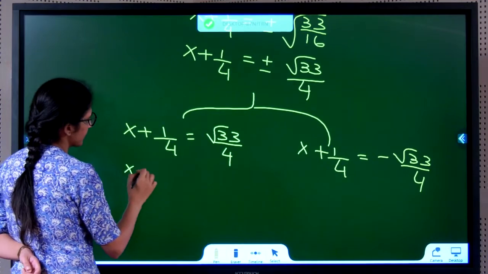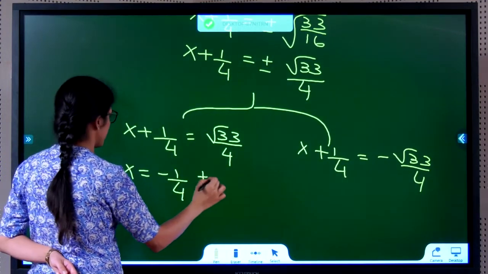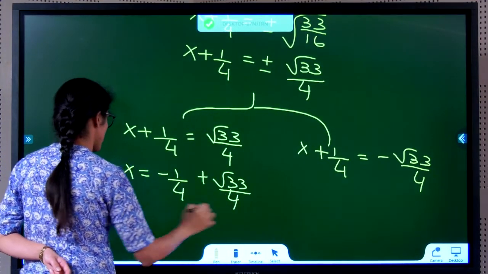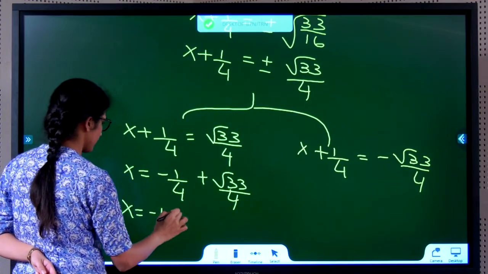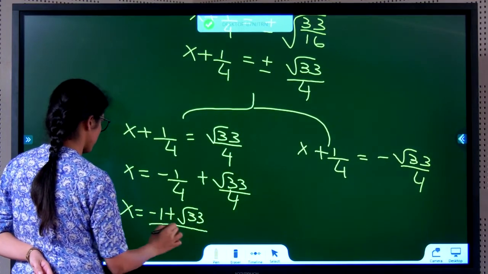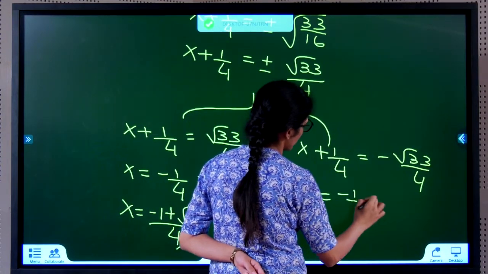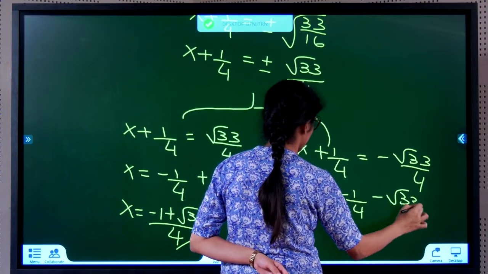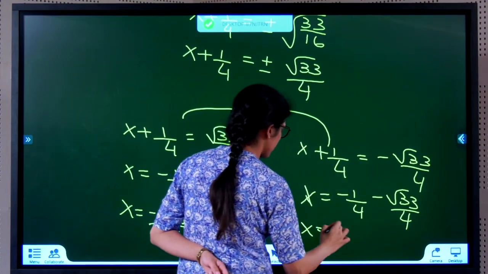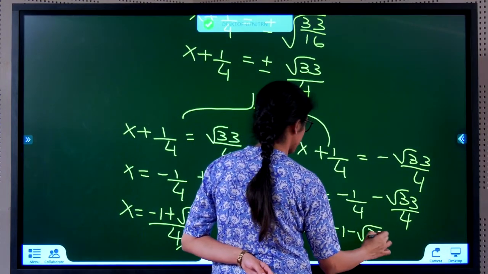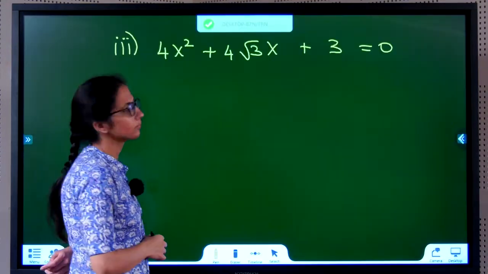Send this aside. X is equal to minus 1 by 4 plus root 33 by 4. X is equal to minus 1 plus root 33 by 4. Send this that side. X is equal to minus 1 by 4 minus root 33 by 4. X is equal to minus 1 minus root 33 by 4.